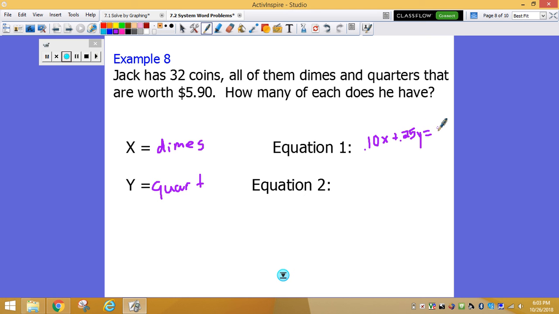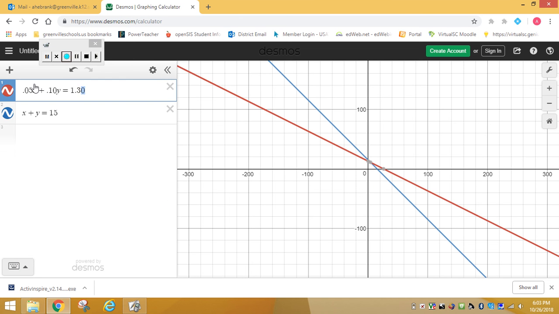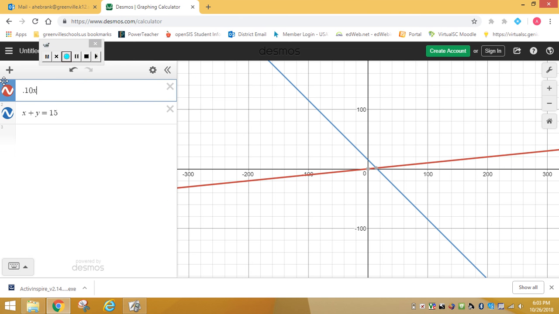And money plus money has to equal money. And total, so x plus y, there are 32 coins. So let's type that in Desmos. I got 10 cents plus 25 cents, and it has to add up to $5.90.